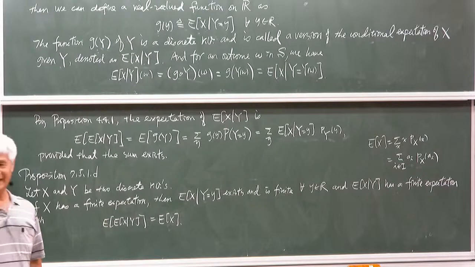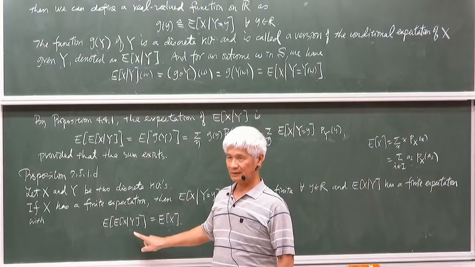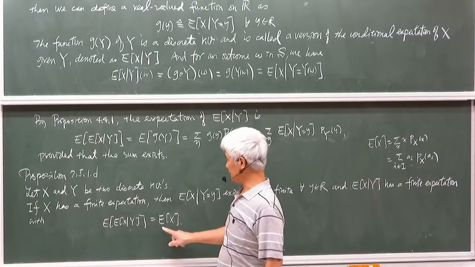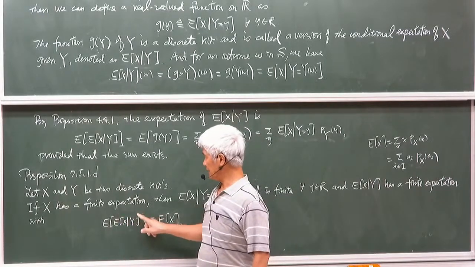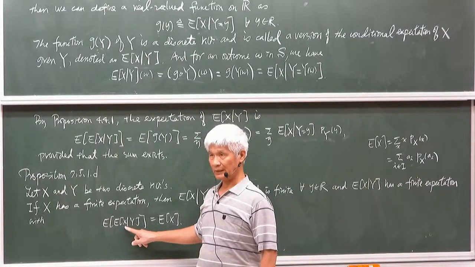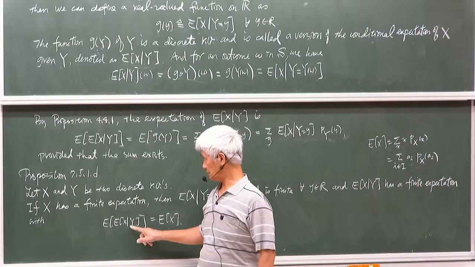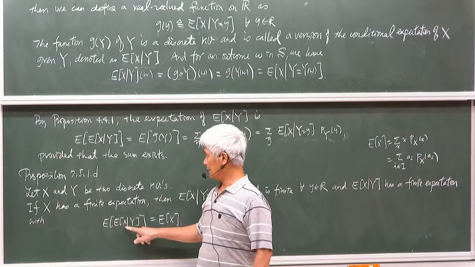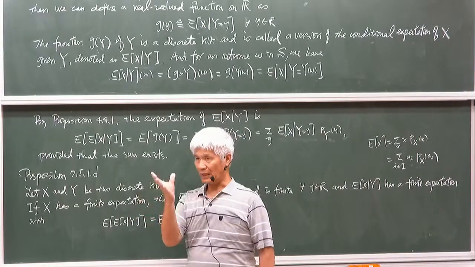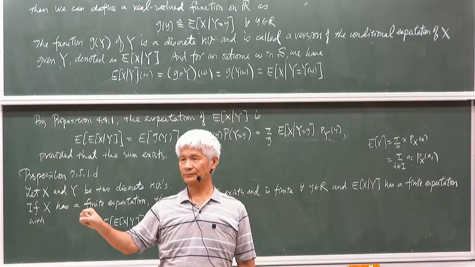So this provides an indirect way: find a version of the conditional expectation of random variable X given Y, where Y is a properly selected side information.